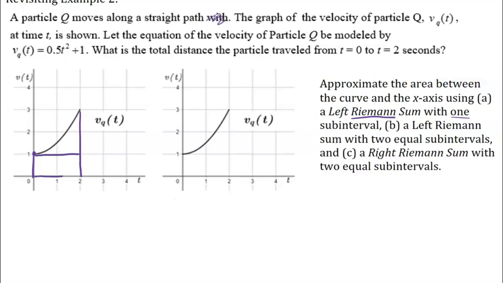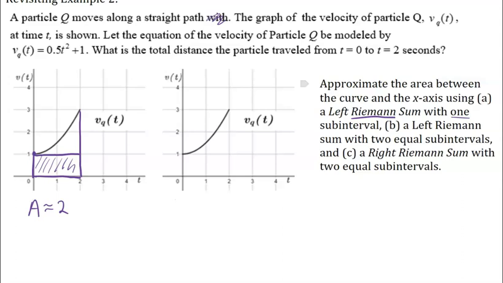This is the rectangle I'm using, and I know that my area right here is 2. So that total area is approximately 2. I can see that that's definitely an underestimate, but that's what I would get if I used the left endpoint.